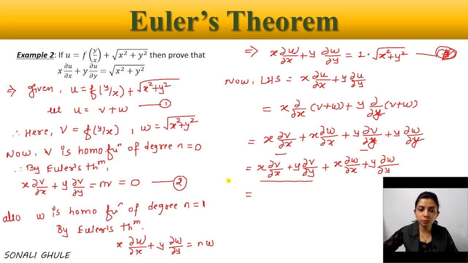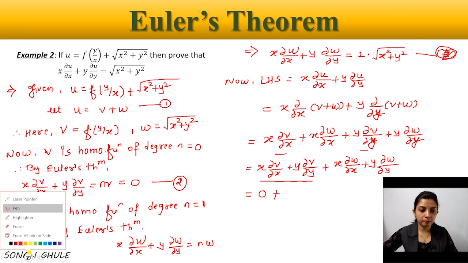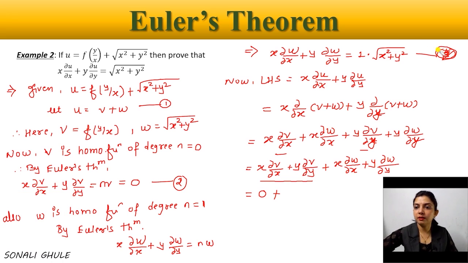And we have the value for these. What is the value for the first part? From equation 2, the value is 0. So here it is 0 plus, what is the value for the rest? From equation 3, the value is root x square plus y square.